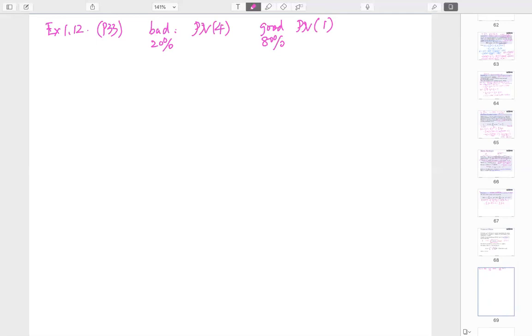Okay. Of course, this is P1 times N1. So let's call this N1, so the bad guy is N1, good guy is N2. Obviously, this is P1, this is P2. I should write it as probability.